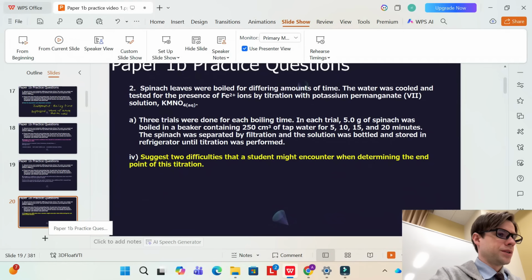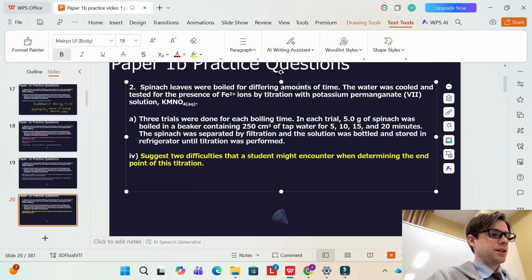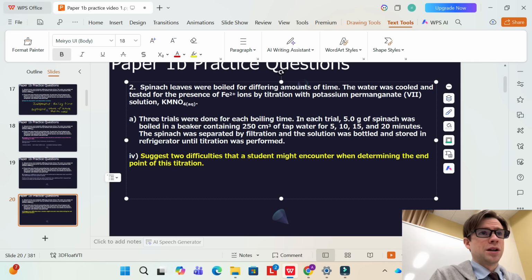Okay. Next, suggest 2 difficulties that the student might encounter when determining the endpoint of this titration. If you've actually done this experiment, I've had a couple students do their IAs or EEs with spinach titration with KMnO4, and it is very difficult to determine the endpoint. Why is it? If you haven't done it, it's probably very difficult to answer this, but think about it. Spinach contains a lot of different pigments, especially green and kind of browny.